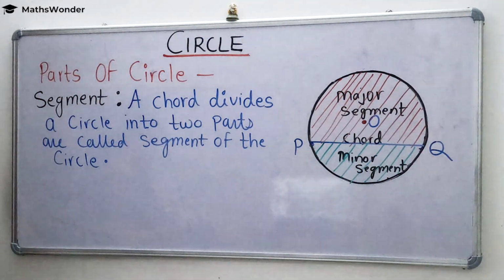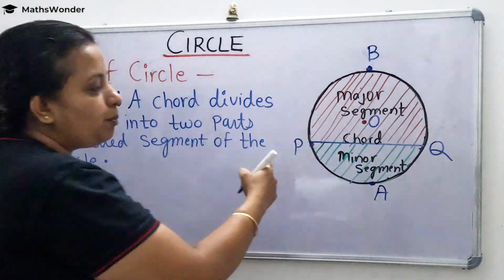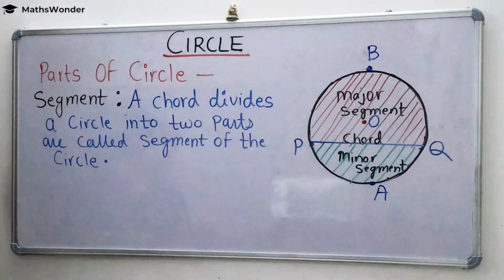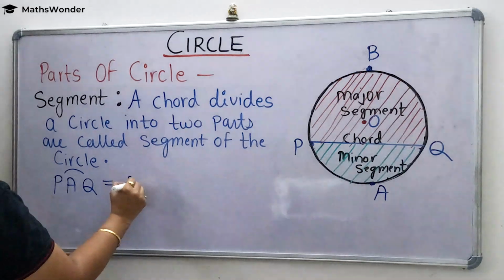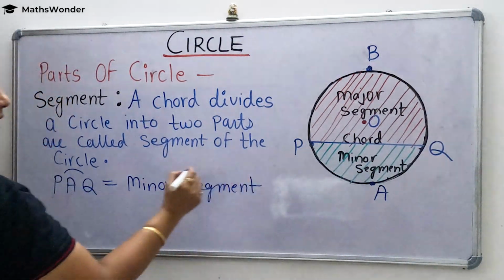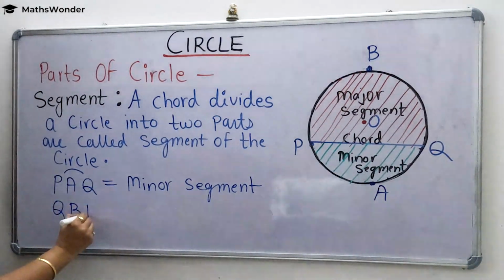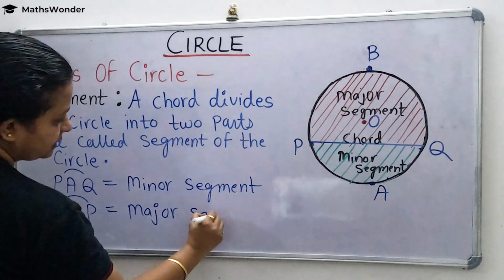Any confusion here, you can ask. See, minor segment, major segment. How will you write the minor segment? I can give names here, suppose A and here B. Write down, PAQ is the minor segment and QBP is the major segment.